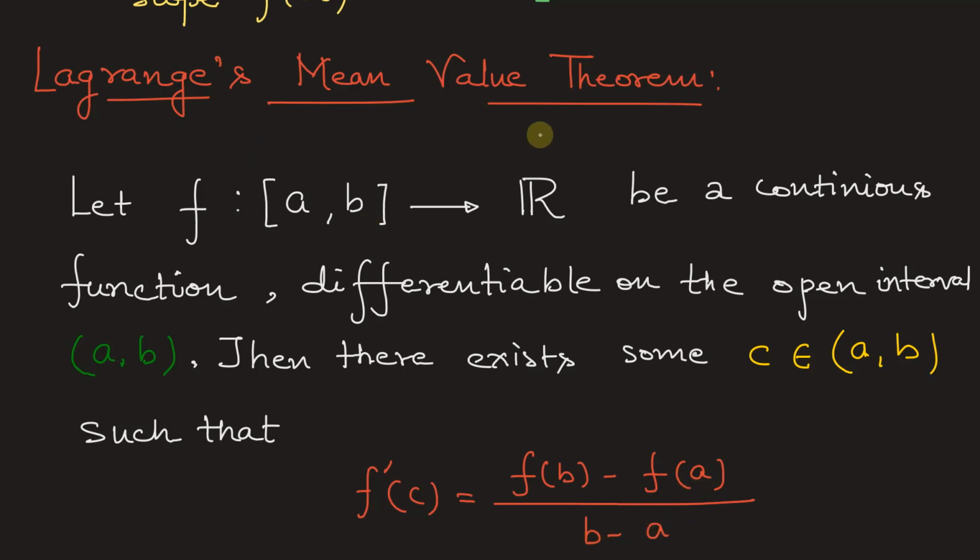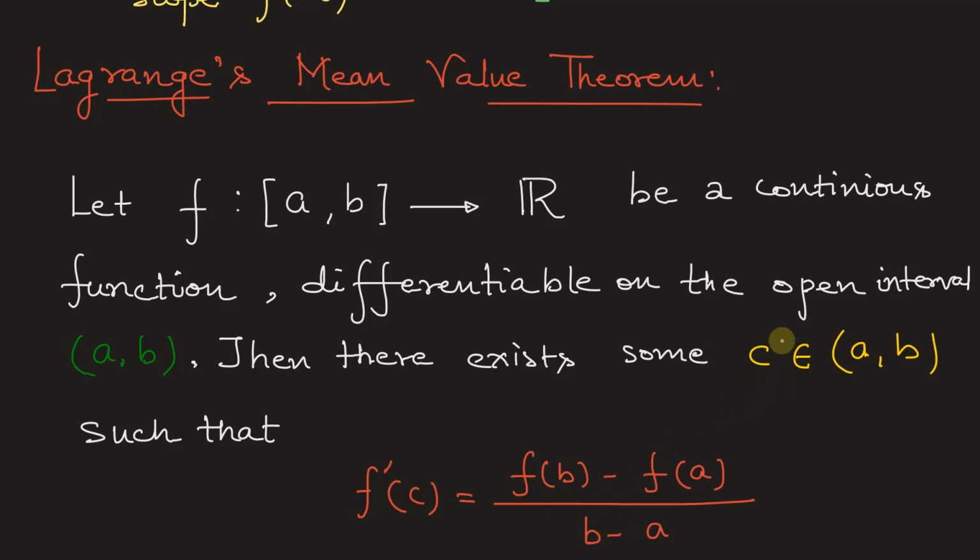This LMVT can very easily be proved using Rolle's theorem. So in our problem, c is x naught, a is 1 and b is 3.